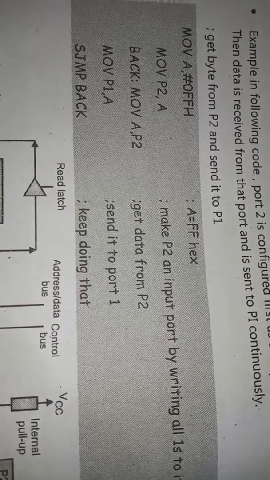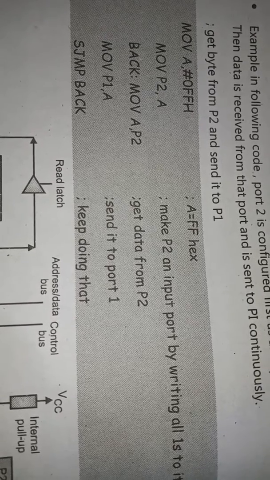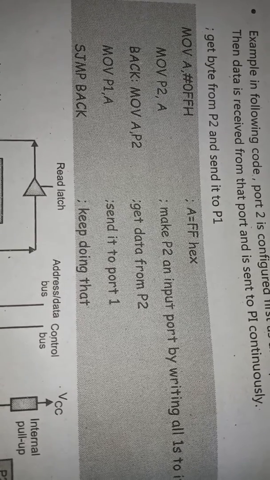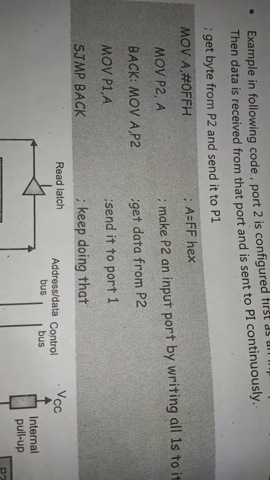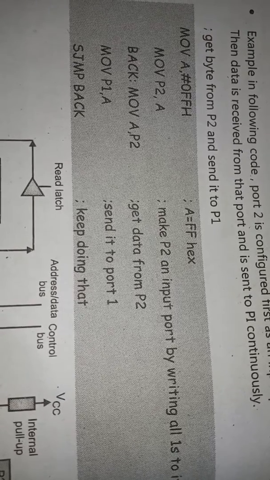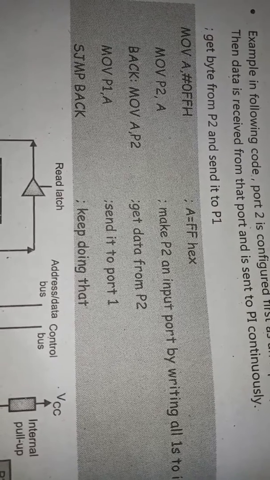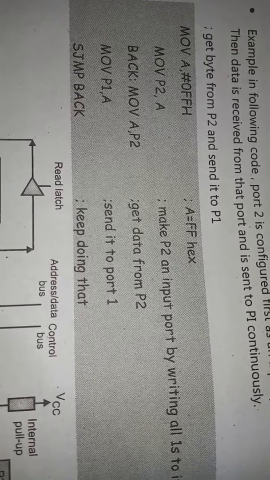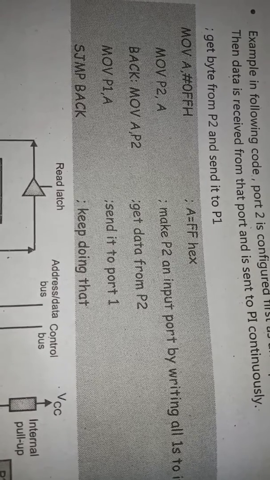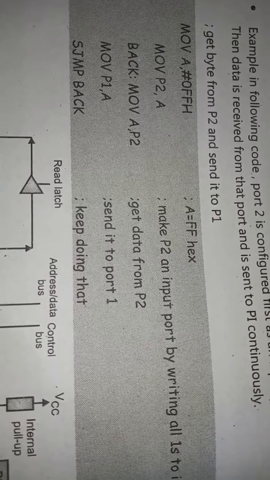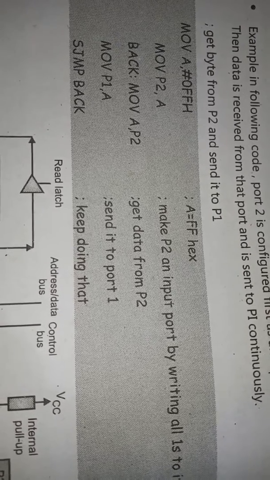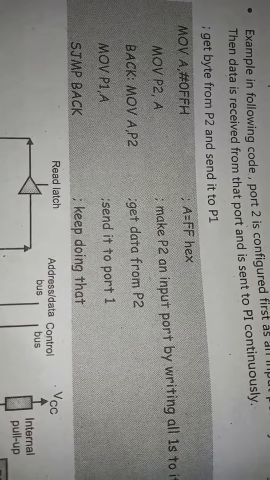That is why we need to write a loop for that instruction. So we call that loop with the help of the instruction SJMP BACK. By using this, we keep accepting data from the P2 port, and we keep sending data to the P1 port.